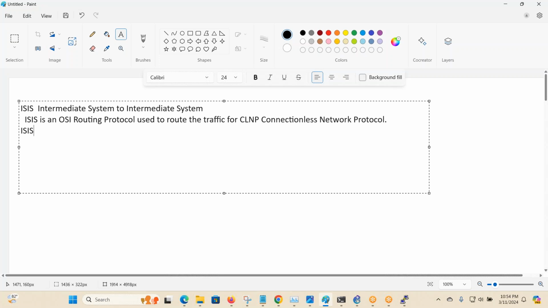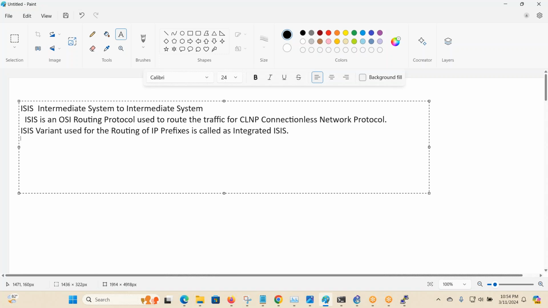The ISIS variant used for the routing of IP prefixes is called integrated ISIS.